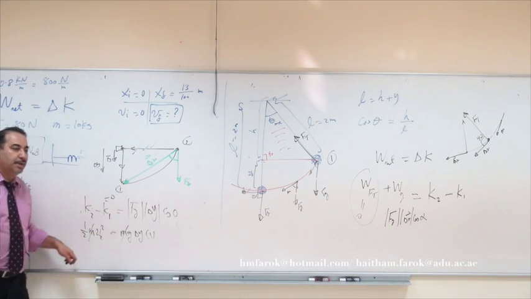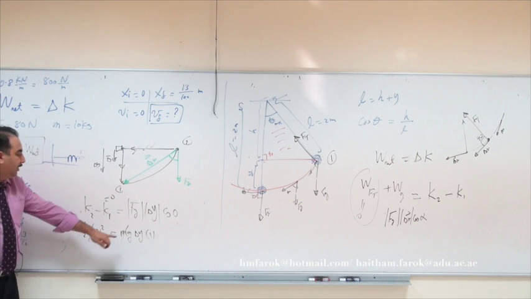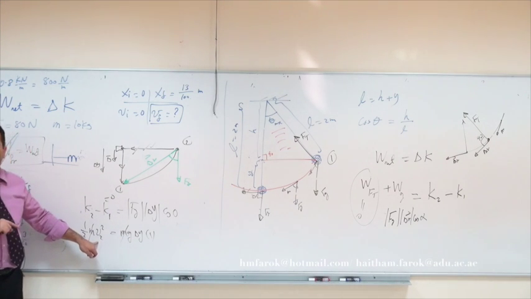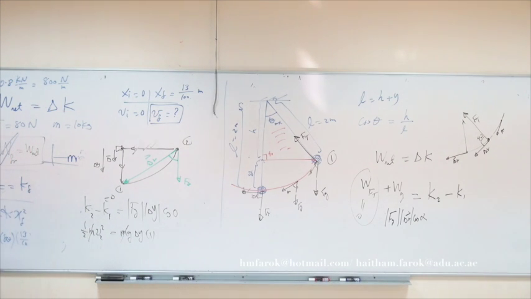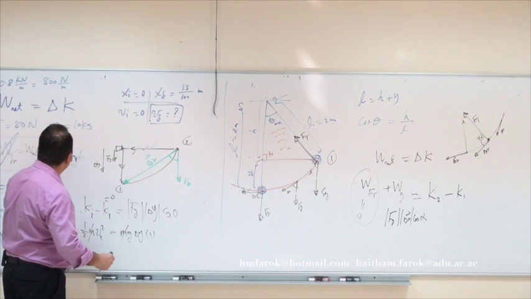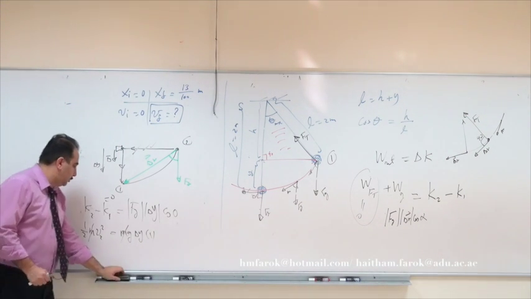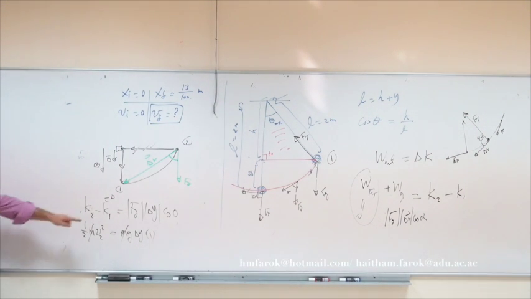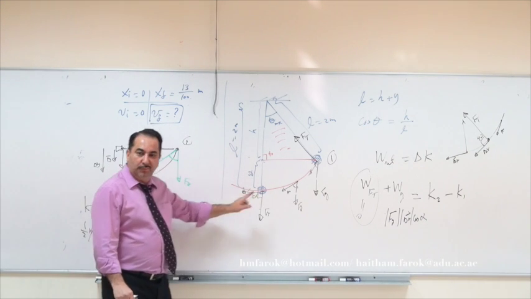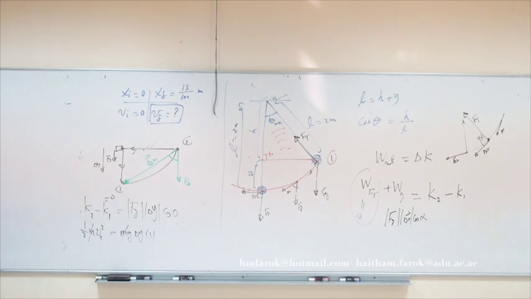Now, what is the unknown here? Delta y only, because V2 is given in the question. What is V2 in the question? What was it? 4 meters per second, yeah? At the lowest point. So we have 4 squared over 2, because v squared over 2 equals g delta y.